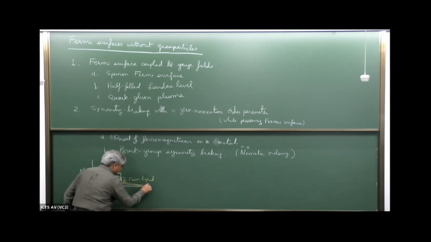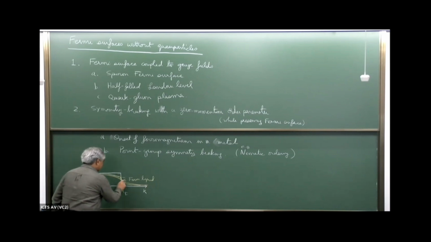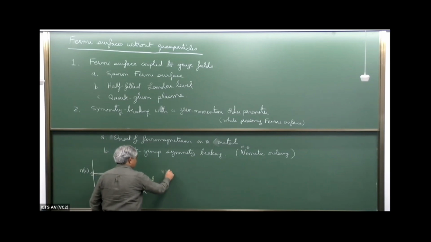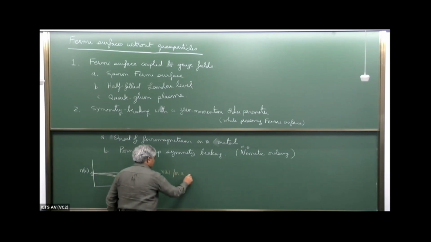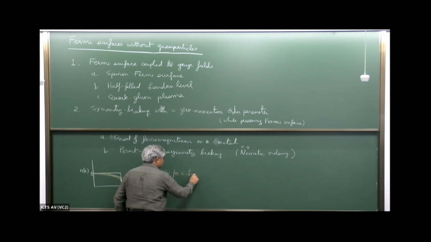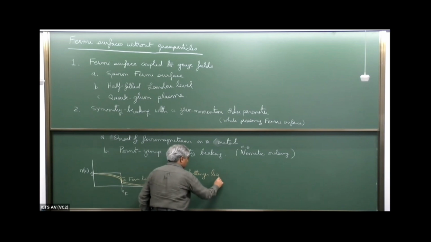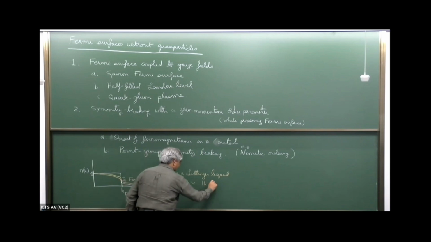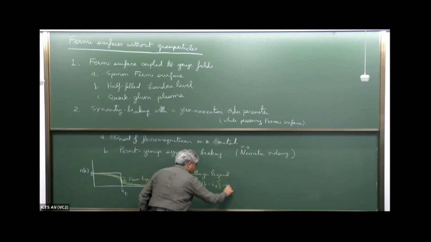So there's some power law singularity without a discontinuity. So if you took enough derivatives at this point, it would eventually diverge. So this is n of k in orange for a Luttinger liquid. And so n of k near kF has some |k minus kF| to some power times the sign of k minus kF.